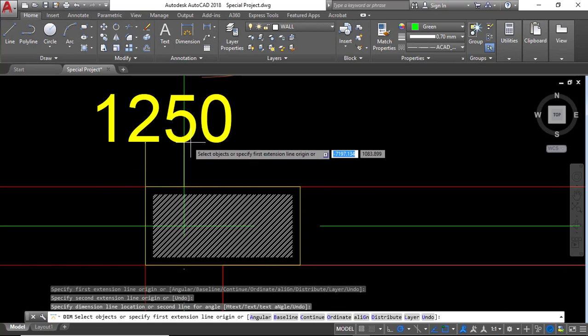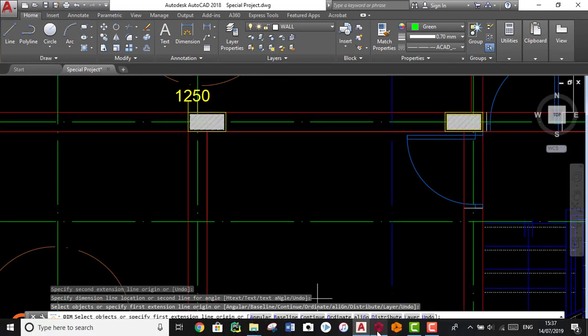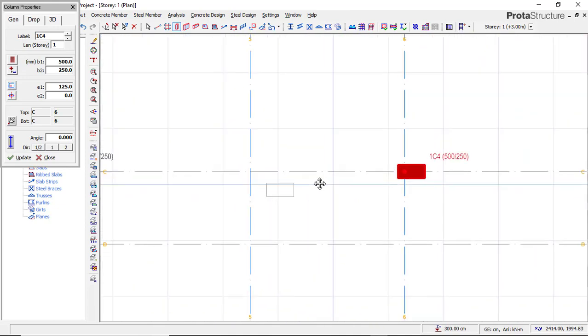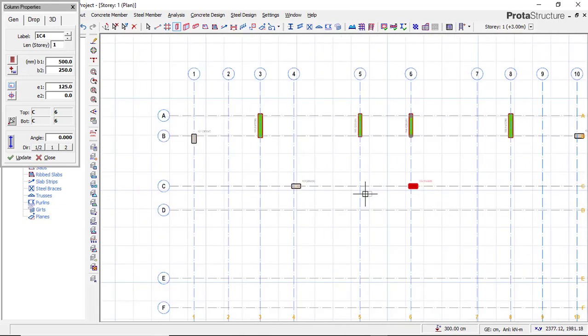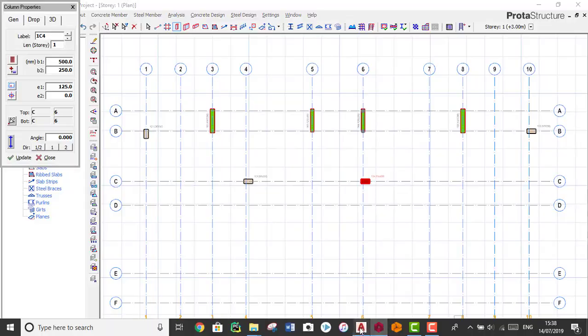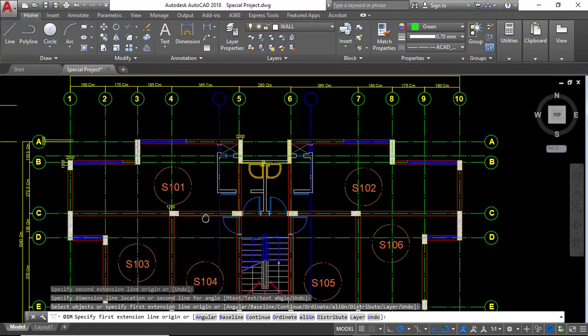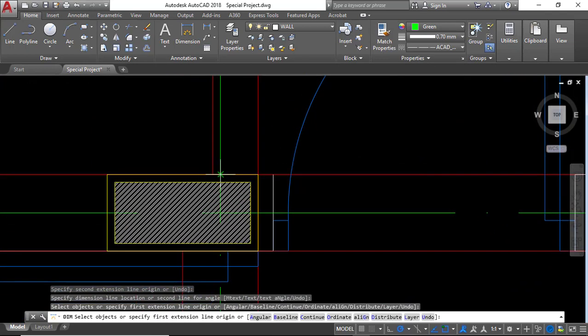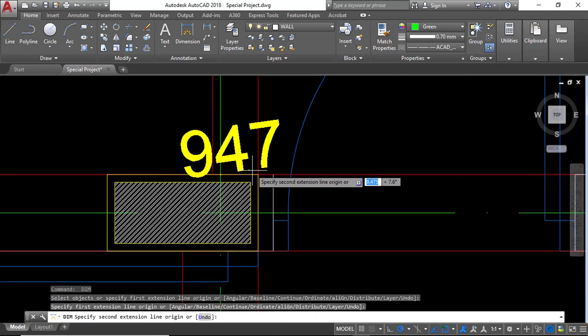Columns 4C and 6C have dimensions of 50 times 25 centimeters and an x eccentricity E1 of positive 12.5 centimeters or positive 125 millimeters. Also, columns 5C and 6C have dimensions of 50 times 25 centimeters but an x eccentricity E1 of negative 12.5 centimeters.